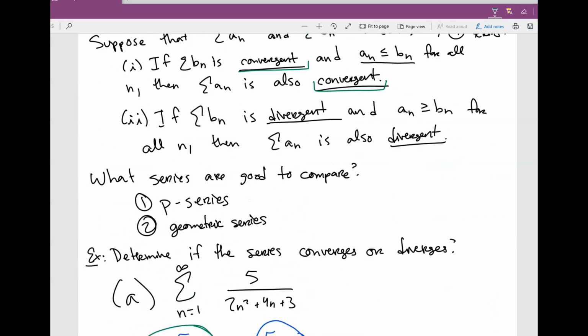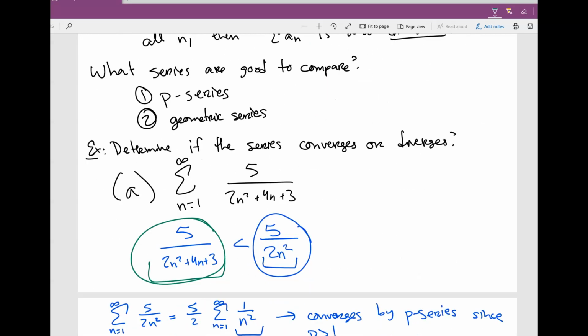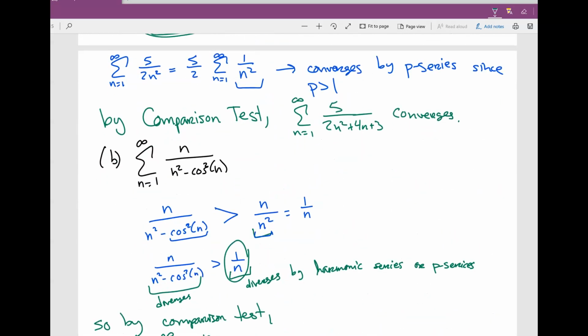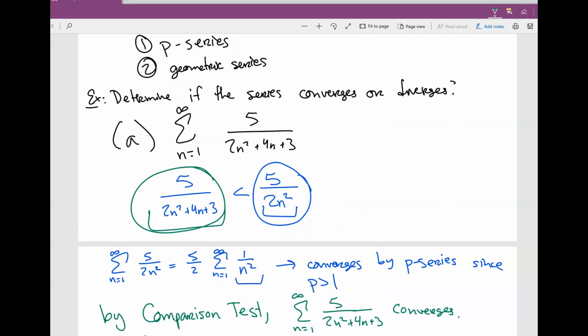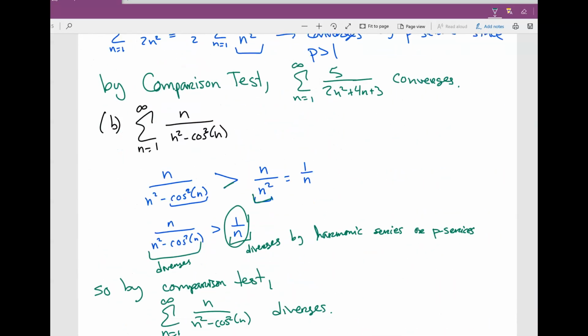Number 2 said that if you find some series that's divergent and it's smaller than a sub n, because we proved that this new series is smaller, we can see that it's less than this term, then what you can say is that the old problem is also going to be divergent, which in this case it is.